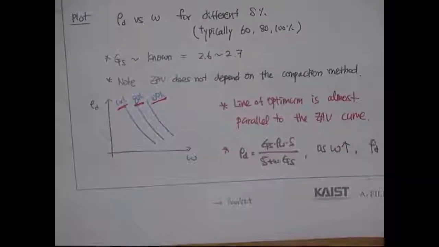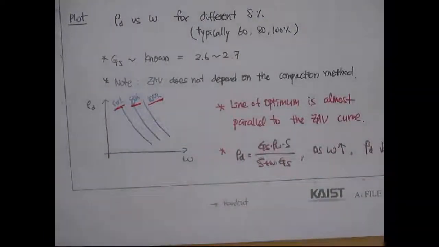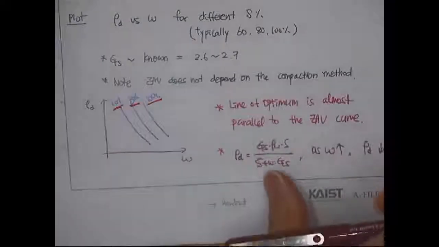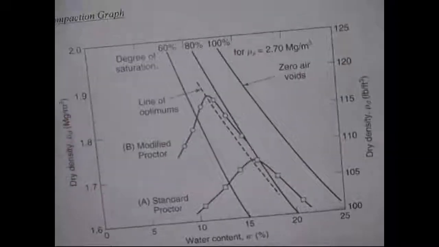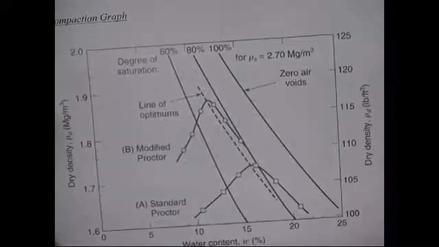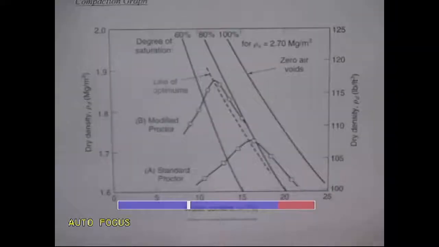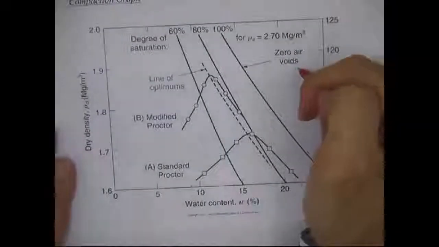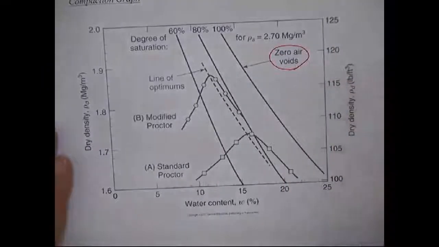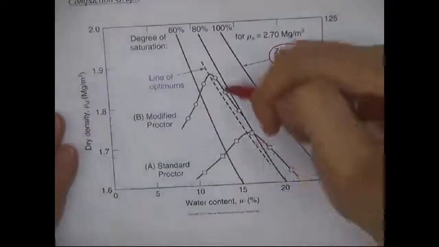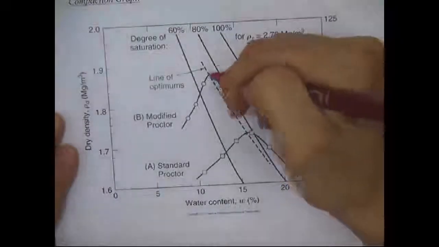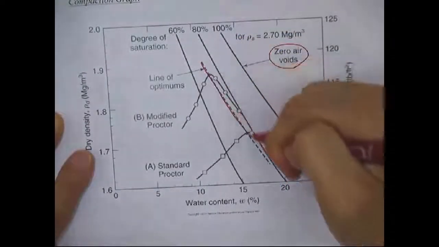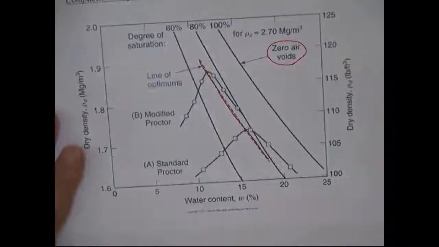So if you plot it with the standard Proctor test result or the modified Proctor test result, you get this curve. So this is the ZAV curve, and the line of optimum is the line that connects the maximum dry densities, right? That will be the line of optimum.